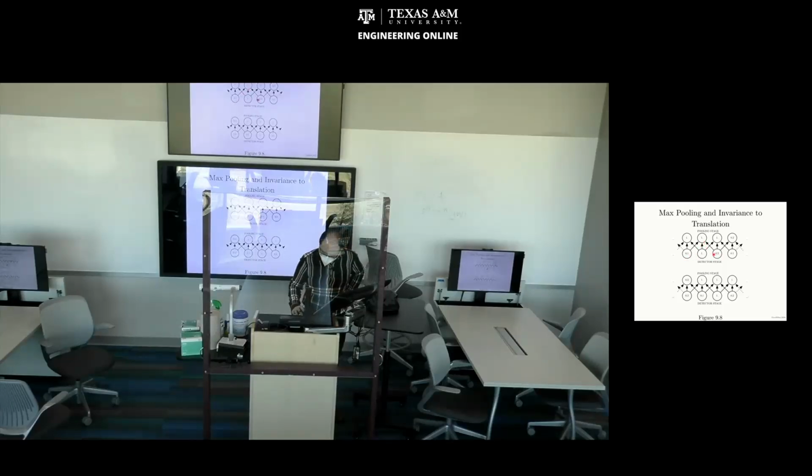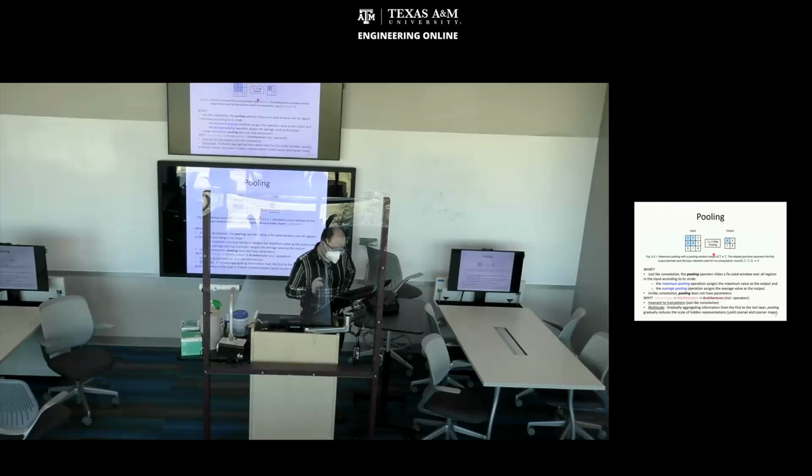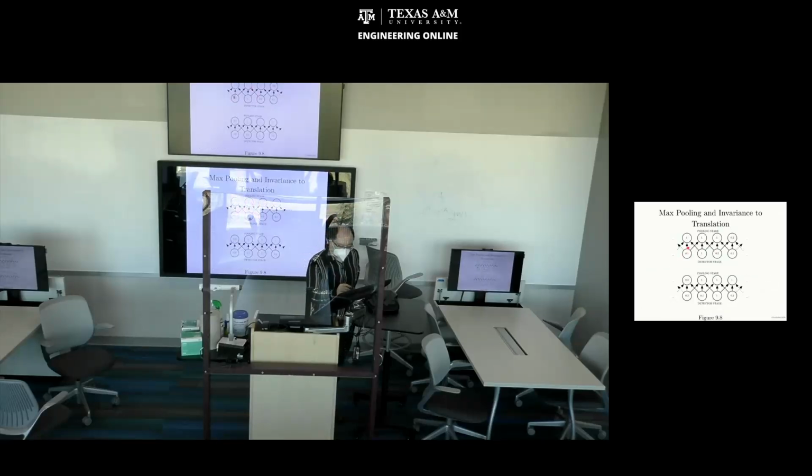What should I call it? I don't want to call it a window or kernel. But anyway, the size of this max pooling is 1/3 here, apparently. You can tell right away. It's 1/3. So the biggest value here is 1, apparently, and the biggest value here is 1, and so on.